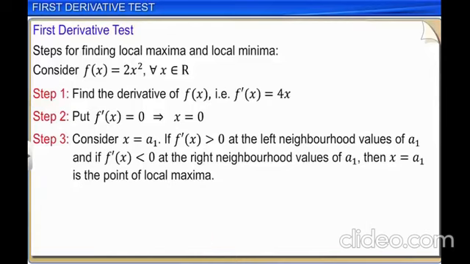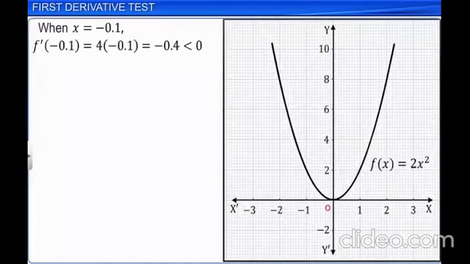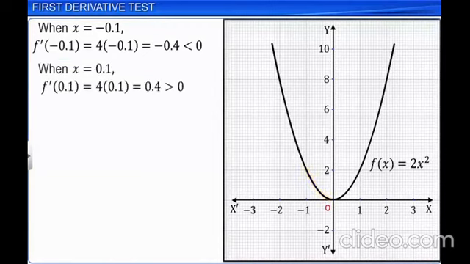In this case, there is only one critical or stationary point. Let us now observe the behavior of the function in a small neighborhood of 0. The sign of the derivative of function f is negative when the value of x is slightly less than 0. Also, the sign of the derivative of function f is positive when the value of x is slightly more than 0.